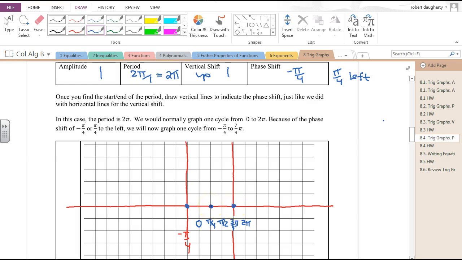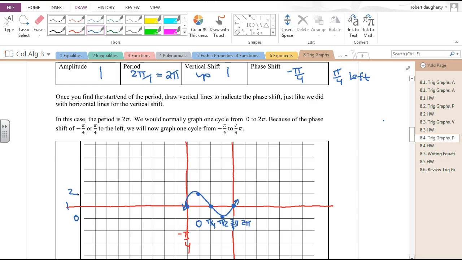And then it goes up to where? Halfway between these 2 points, it goes where? Up to 1. The amplitude is 1, so it's still the same. And then it goes down to negative 1, okay? So this is what the function does. So this is 0, 1, and 2. Okay.